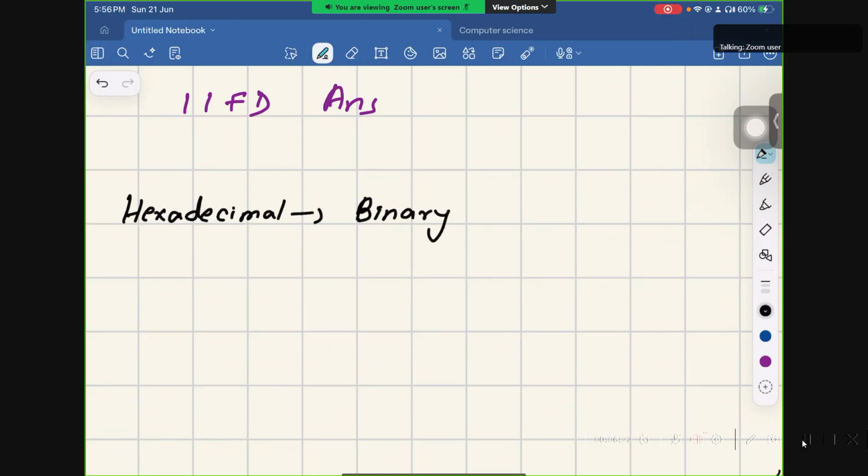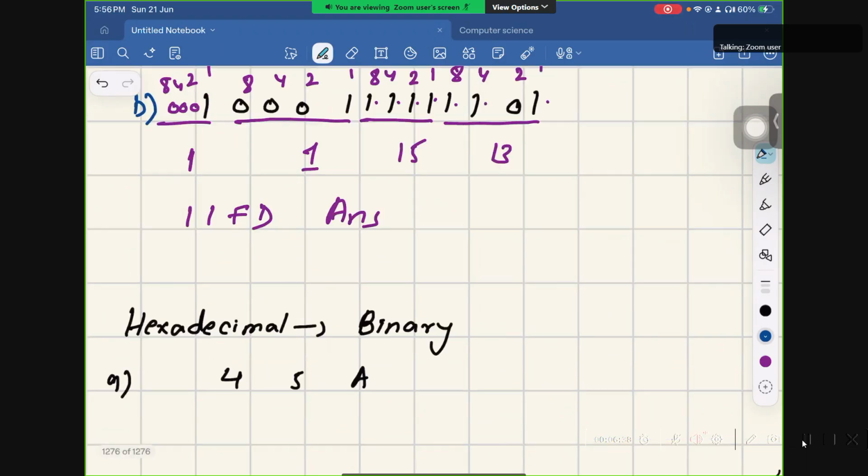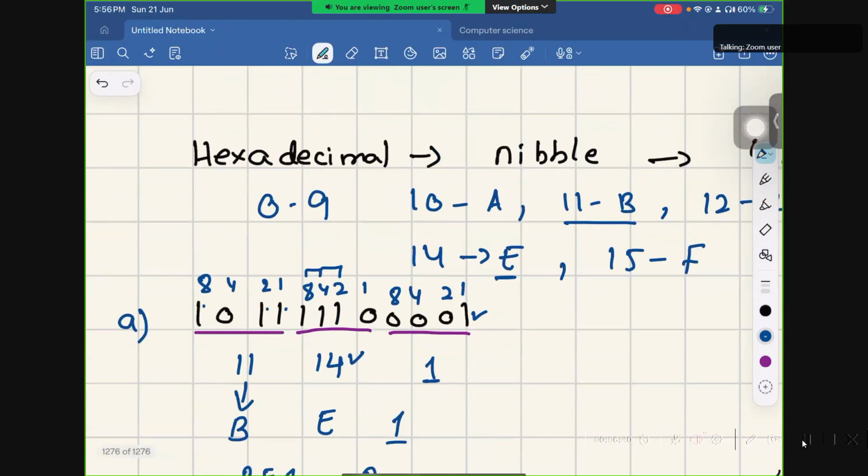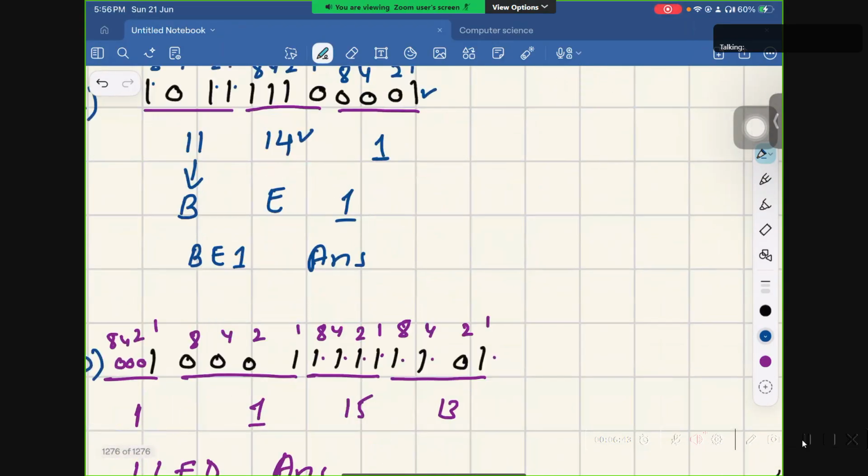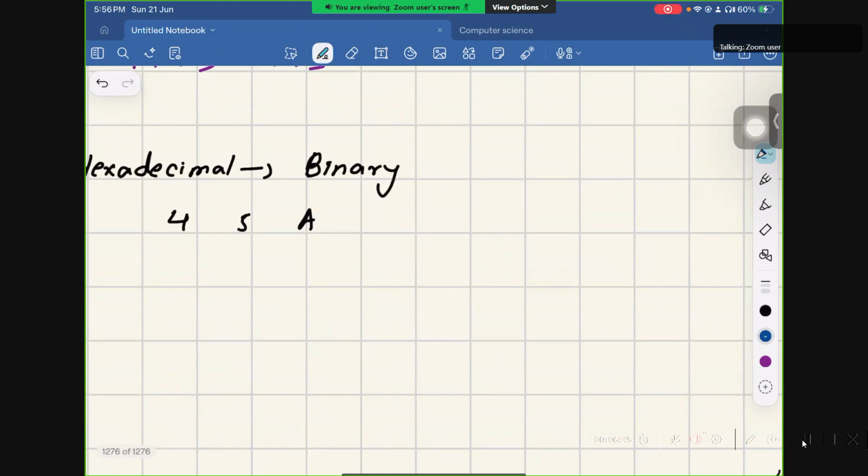For example, we have the number 4, 5, and A. As I have told you, hexa uses 4 bits. A is actually 10. So 1, 2, 4, 8. A is 10. How can we make 10? 8 plus 2 is 10. The rest is 0. So this is the binary for A: 1, 0, 1, 0.